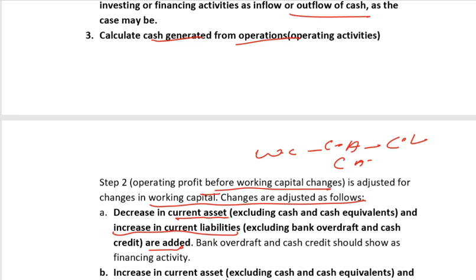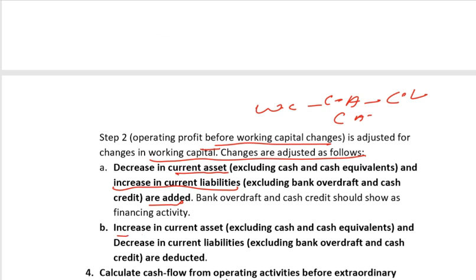Along with that one, add decrease in current assets and increase in current liabilities. And next, the increase in current assets and decrease in current liabilities, excluding those items, deduct from there.